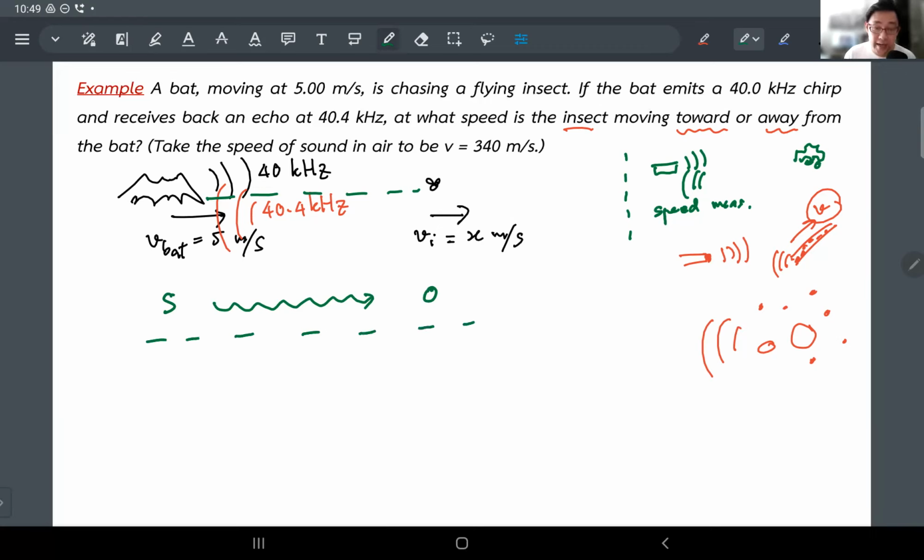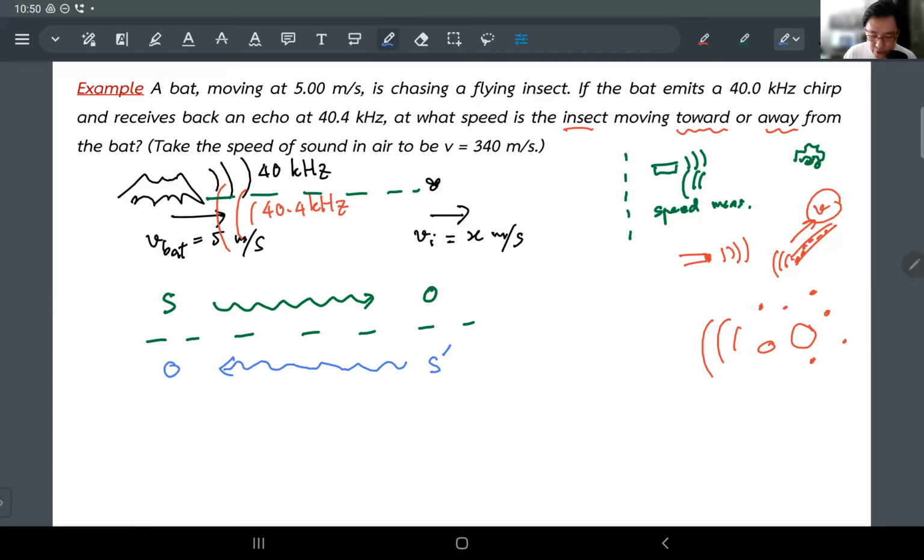But once it's done, whatever the wave hits the insect, it will get reflected back right away. So on the way back, the insect will behave like a source now. Let me put a prime on it just like before so you distinguish between these two halves, and it sends back the echo toward the bat.